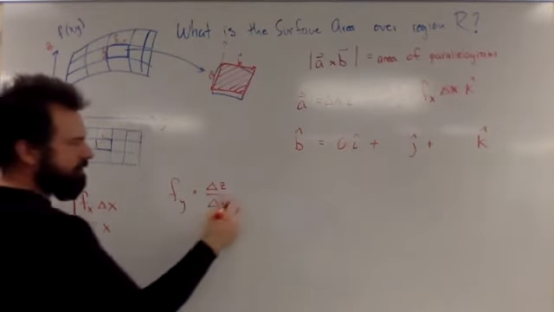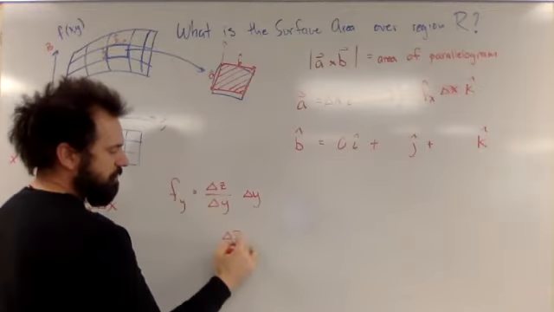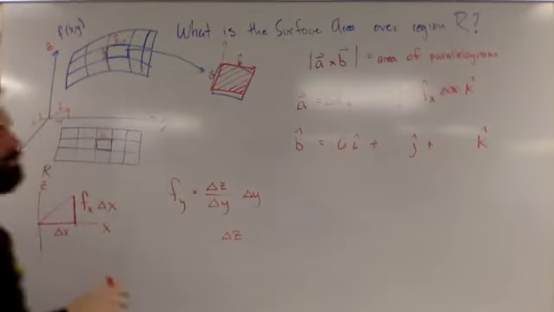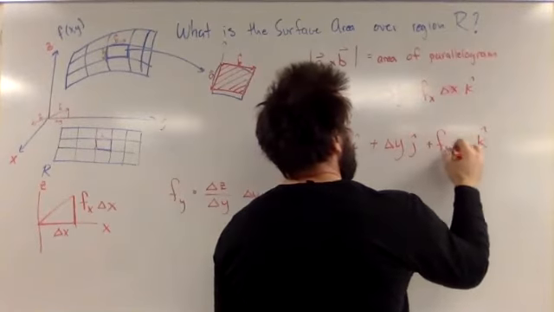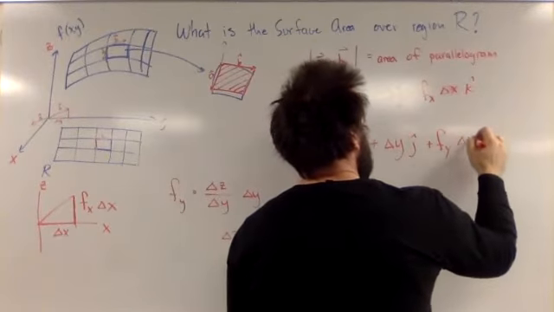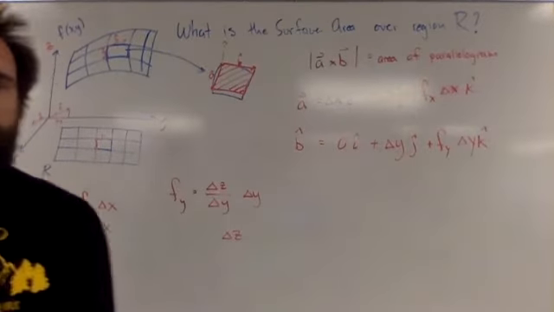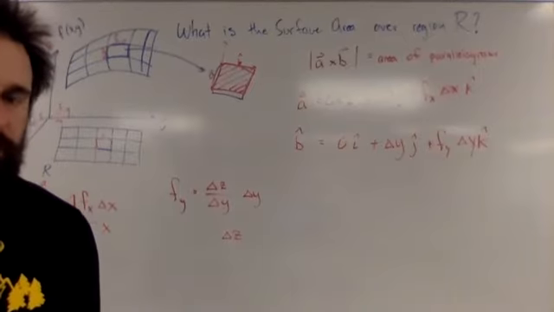So if I multiply this by delta y, that's going to tell me delta z. That's what I want. So here I'm going to use delta y, and this will be f of y, delta y. So that gives me the components that I'm using for my a and b vectors.